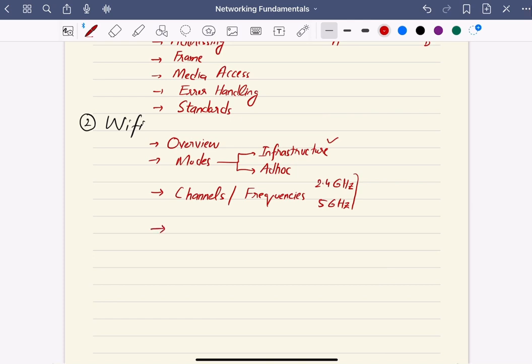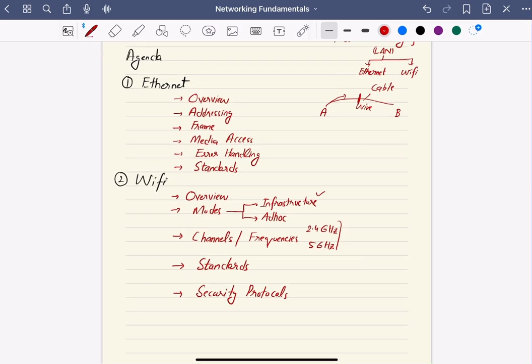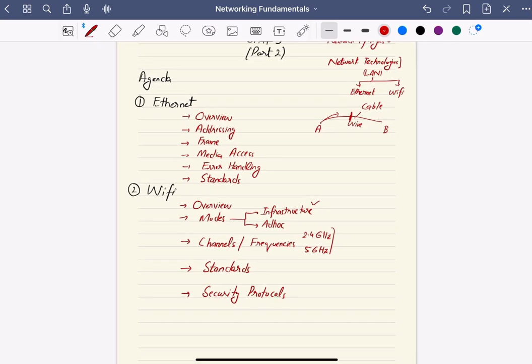Then we will discuss some different standards of Wi-Fi, and some different technologies we can use for compliance. Lastly, we will discuss the security protocols of Wi-Fi.